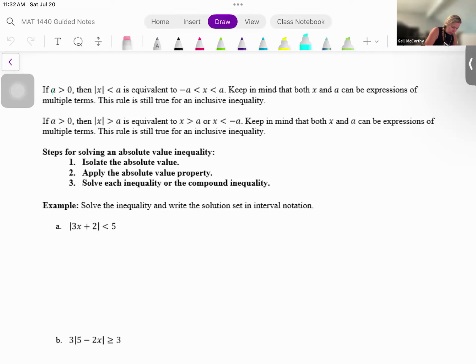So our rules, again, if a is greater than 0, then the absolute value of x being less than a is equivalent to negative a is less than x is less than a. So in this situation, we're basically just saying that x is somewhere between negative a and positive a.